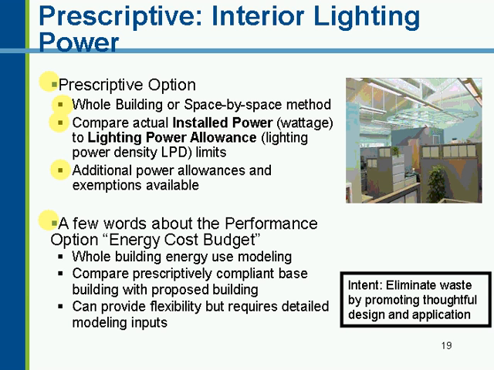Then you compare that to your building's energy use, and if you're using less, you comply. This does provide flexibility, especially if you're using advanced features. However, it requires a lot of detailed modeling inputs. It's only usually used for larger, more complicated buildings, so we're not going to provide any more detail on that. We're going to stick with the prescriptive option, which is the most common.